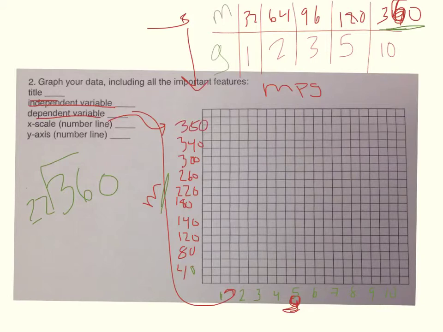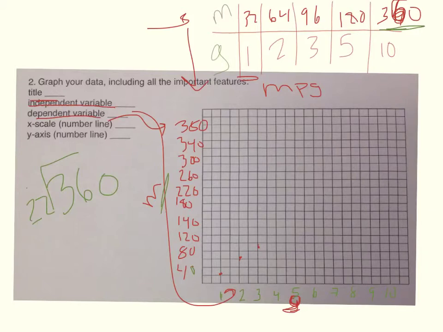So now I can start graphing my information. I had 1 gallon of gas that went 32 miles, so I go up to 1 and a shade under 40. I had 2 gallons that went 64, so I go a little above the 60 mark. I had 3 that went 96, so that's a little bit above the 80.